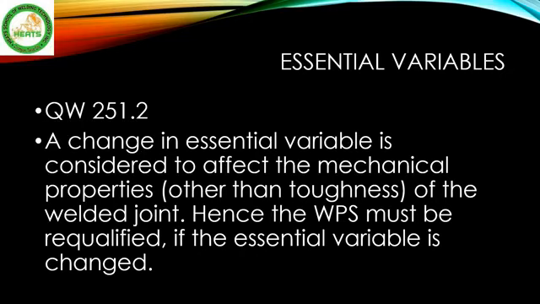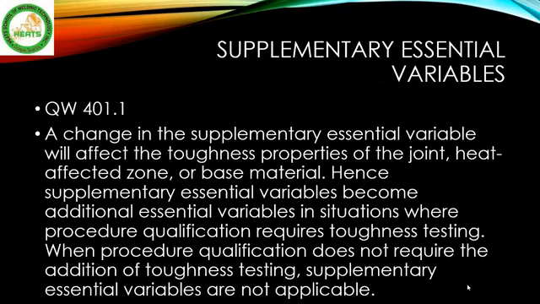So whatever changes are made in the essential variables of the WPS, then you need to requalify your WPS. In the supplementary essential variables, as per QW 401.1 of ASME 9, a change in the supplementary essential variable will affect the toughness properties of the joint, heat affected zone, or base metal.